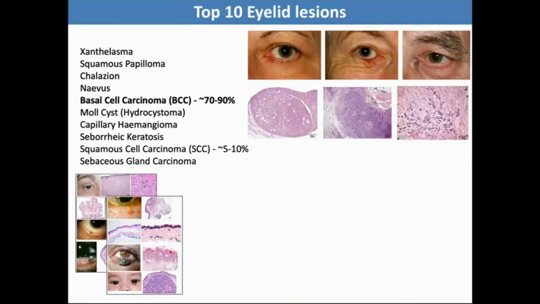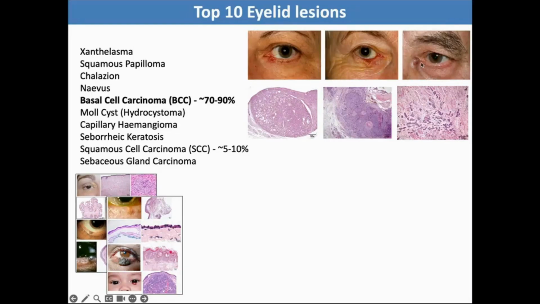So moving now into the malignant lesions of the eyelids. The most common is the basal cell carcinoma, and these can be small, relatively well circumscribed lesions with a central rodent ulcer, as it's called, or they can be quite extensive and lead to eyelash loss.